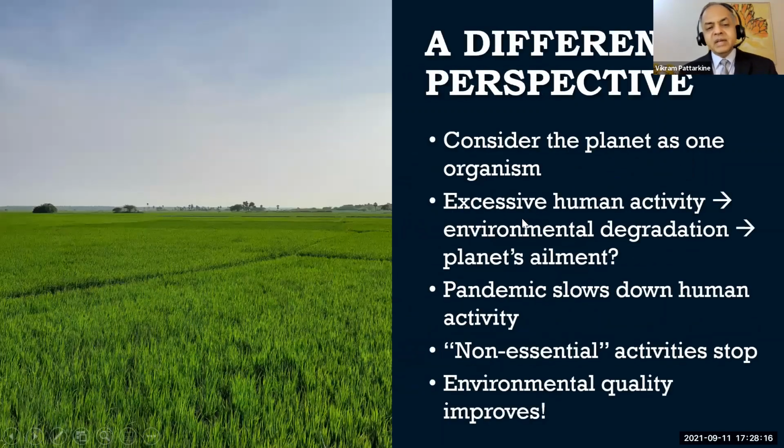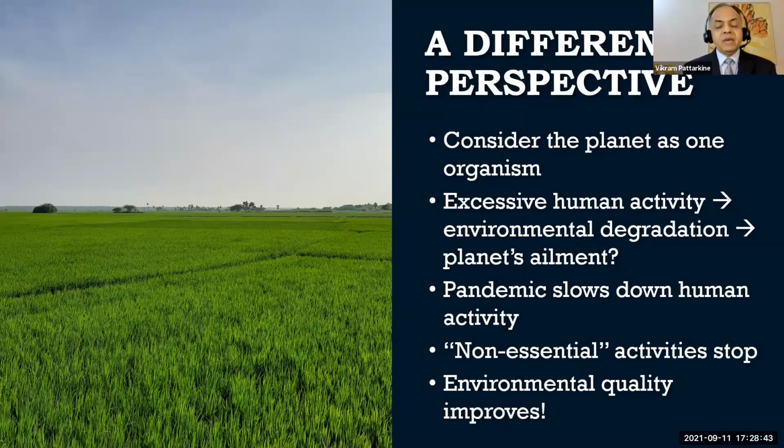Now let us take a look at this whole situation from a completely different perspective. Consider the planet as one organism, and on that planet, all these living beings like you and me and the plants and the birds and the beasts, everybody. The problem is excessive human activity has led to environmental degradation, and that is why the planet is ailing.